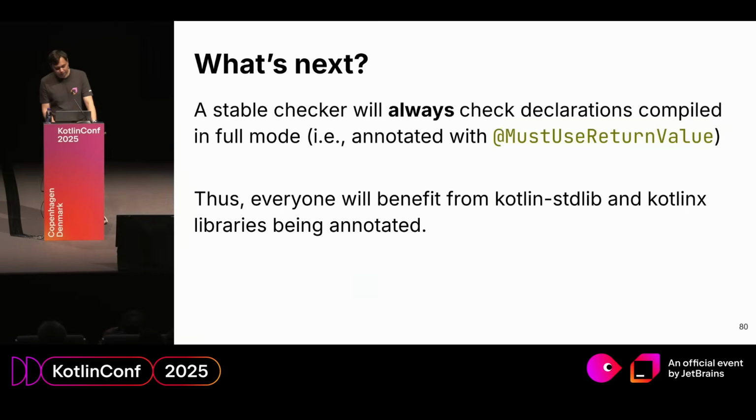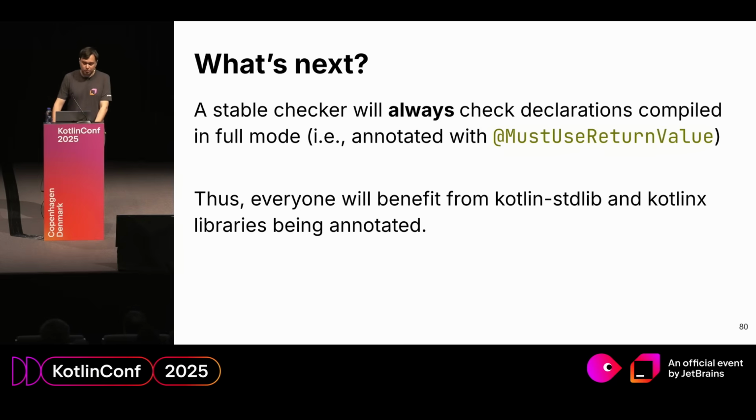So what's next? We will be trying to release this feature to the stable state as soon as possible, when we iron out all the quirks. The stable checker will not compile everything in the full mode because it would be too breaking for the ecosystem. But the stable checker will always check declarations compiled in this mode or annotated with MustUseReturnValue.